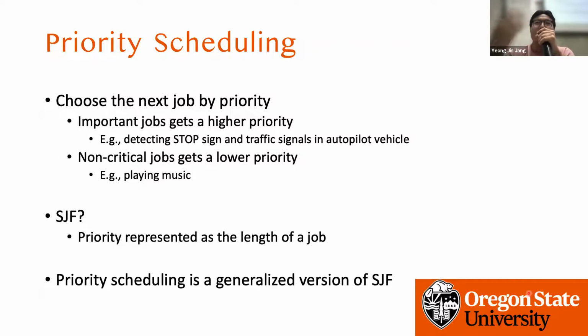For example, if you're running a Tesla vehicle, the visual sensor needs to be very responsive to detect any abruptly changing environment. In that case, you want to set a very high priority for that kind of process, while having a very low priority for playing music or some other passive job for the vehicle.